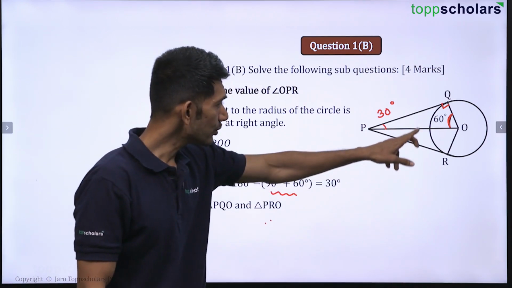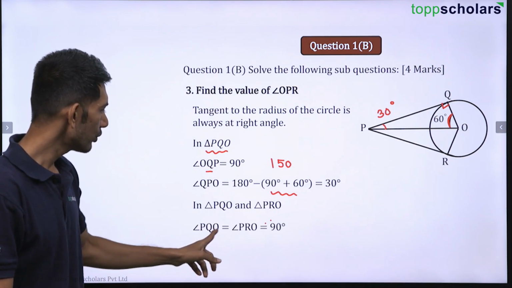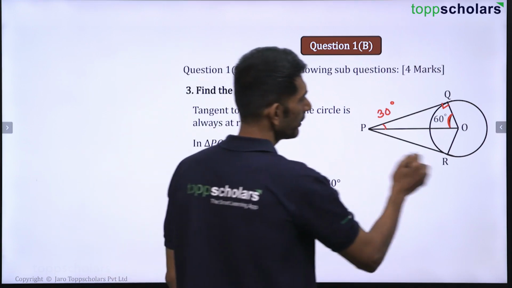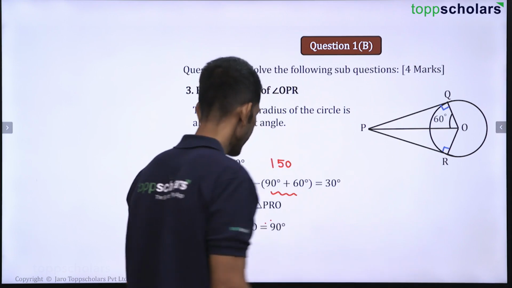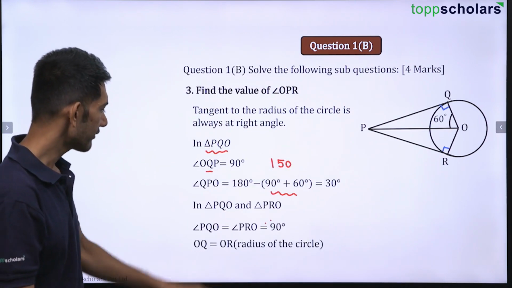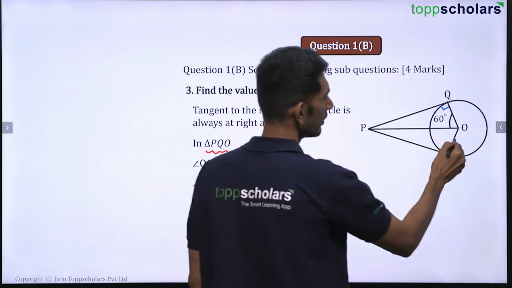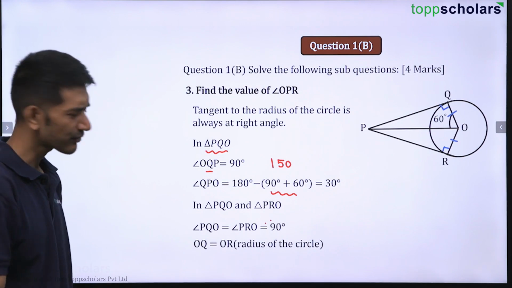Now if I take these two triangles, can I prove the two triangles congruent? See, PQO and PRO. Angle PRO is also 90. This is 90. This is 90. Can I say OQ is equal to OR? OR and OQ are equal because they both are radii of the same circle.